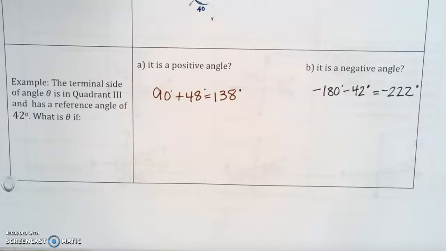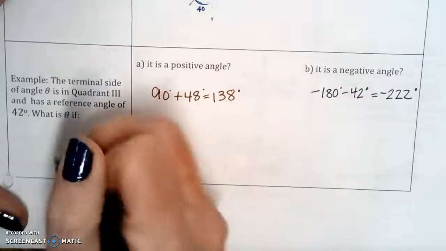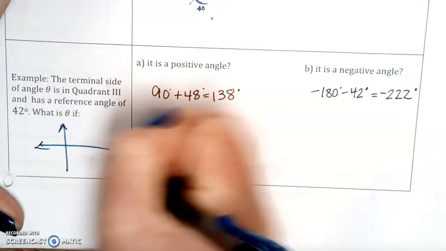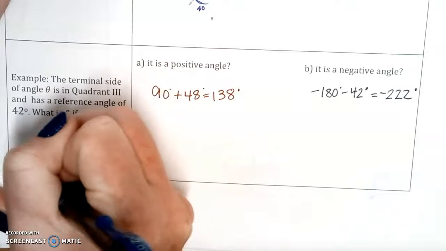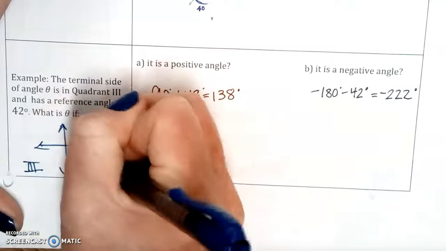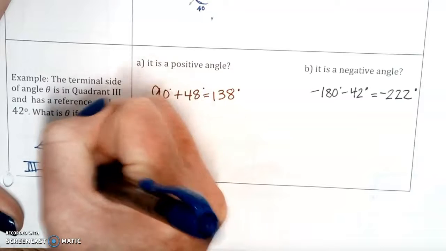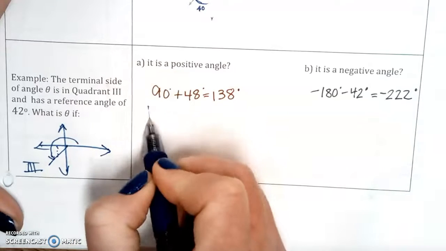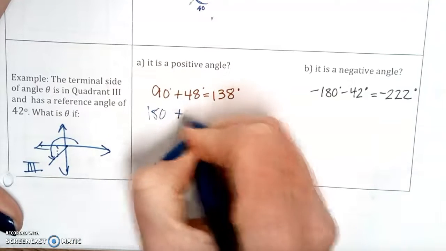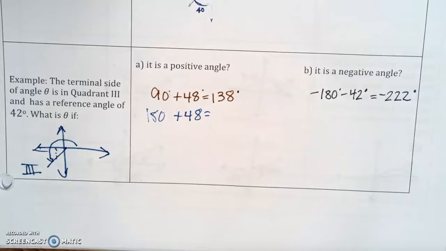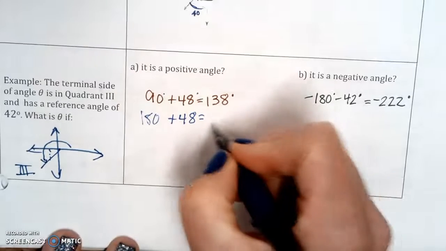If it's in quadrant 3, I think this answer is wrong. So it should be down here in quadrant 3, and it should have a reference angle of 42. That means it should be 180 plus 42, let me see, 222.